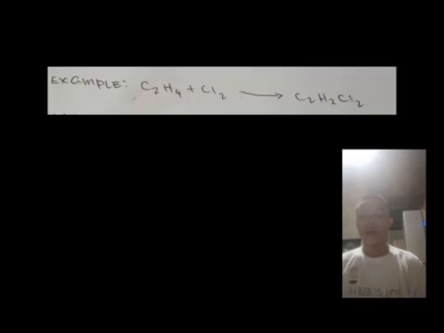So addition reactions are limited to chemical compounds that have multiple bonds, such as molecules with carbon-carbon double bonds, or alkenes, or with triple bonds, or alkynes, or with carbonyl groups, which can undergo addition as they have the double bond character. So I will show you one example in addition reaction.